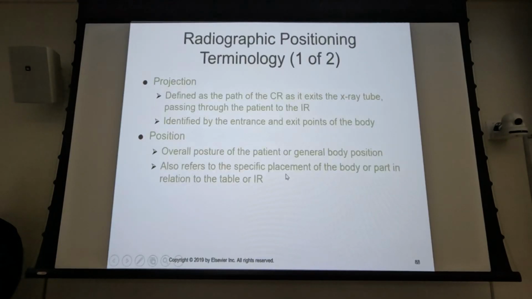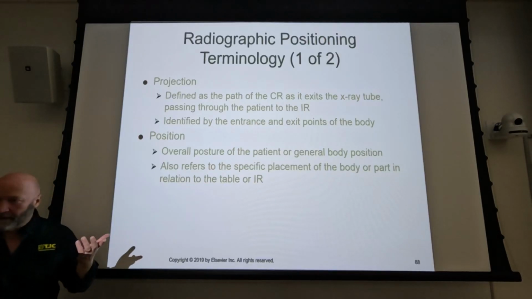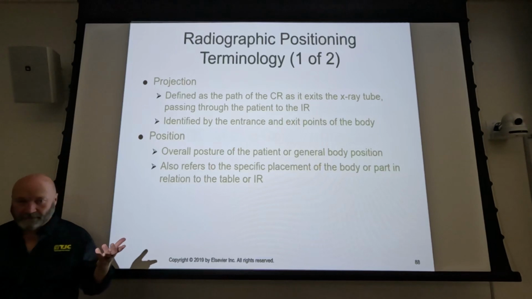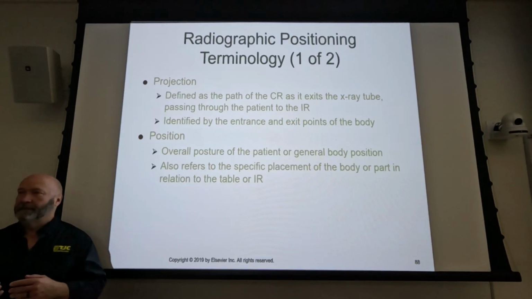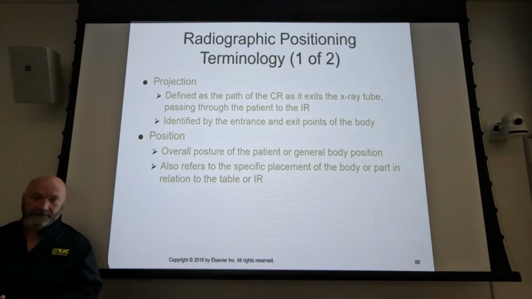All right, so we talked a little bit about the difference between projection and position last week. So position, we got a lot of things. The patient can be upright, that's a body position, right? The patient can be seated, that's a body position.